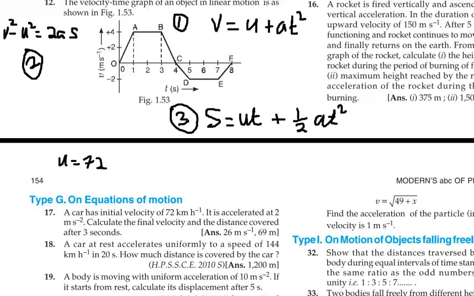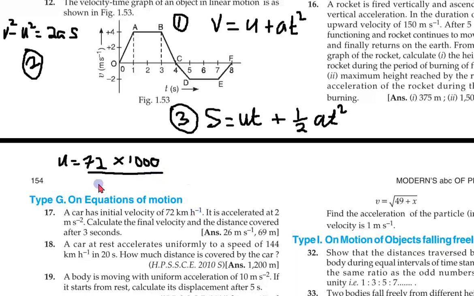We'll use the method from the same videos. 72 kilometer means 1000 meters, divided by per hour.